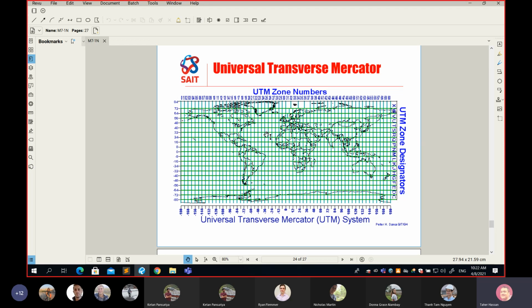So what UTM simply does is use 60 different cylinders, not only one cylinder, because if you rotate your cylinder by 90 degrees, it will touch your ellipsoid at something called a meridian. This meridian is called the central meridian, at which the scale factor is equal to 1.